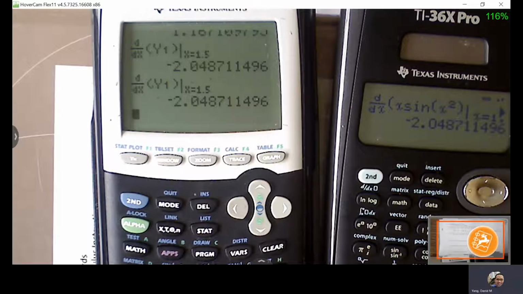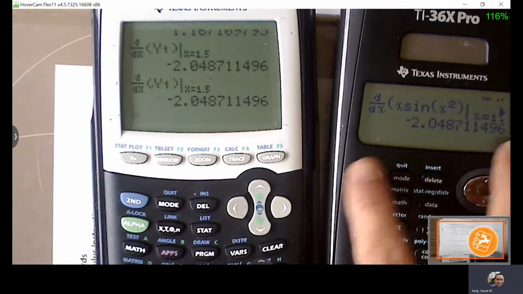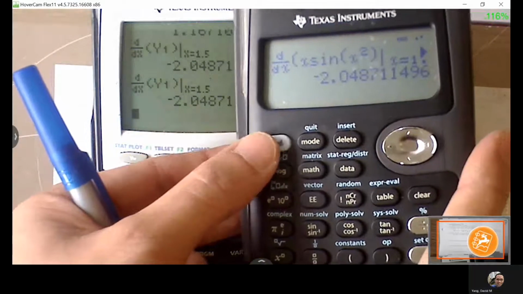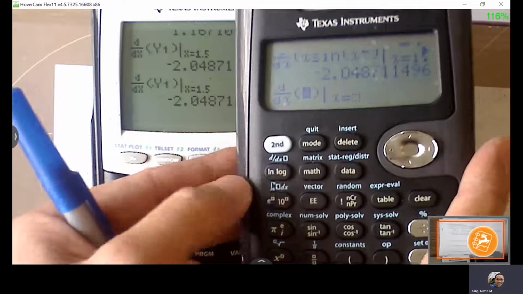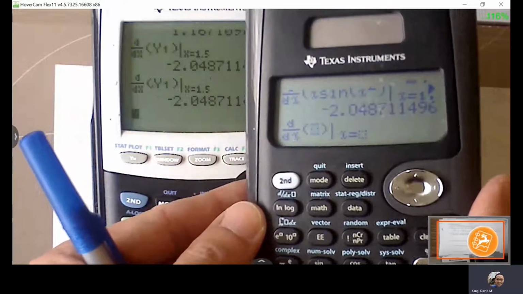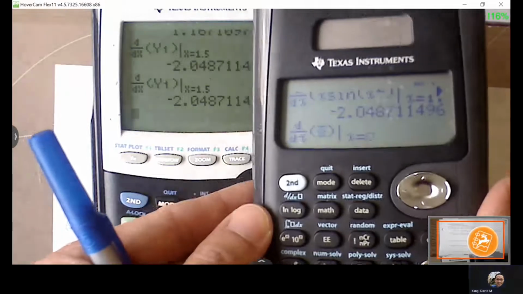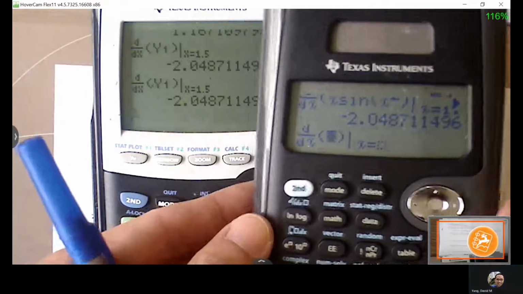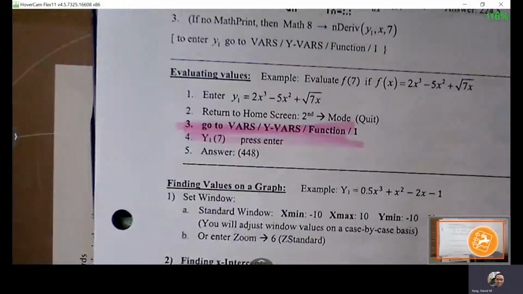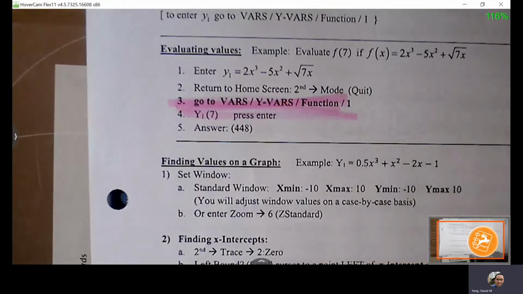On the 36, you're going to go to second d over dx, and then just type in everything that you're asked to find: x sine x squared, and then x equals 1.5. Can you show where you're doing the graphing calculator to remember what model? Right. So on your summary sheet, you're going to go to vars, y vars, function 1.